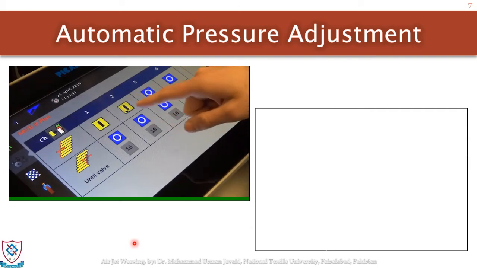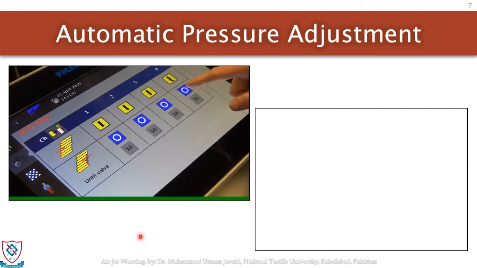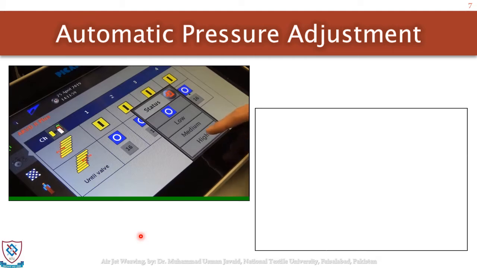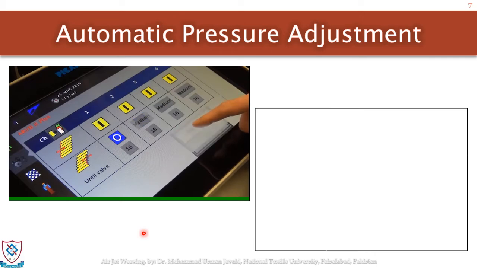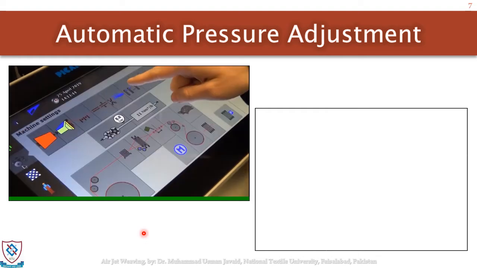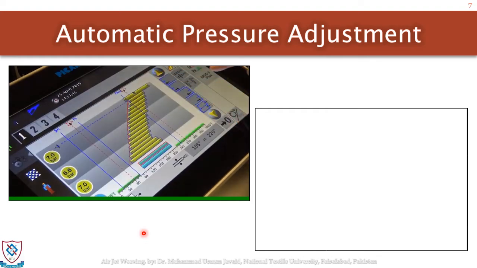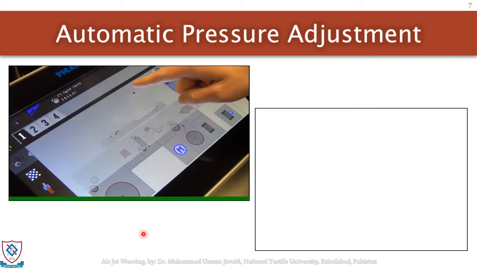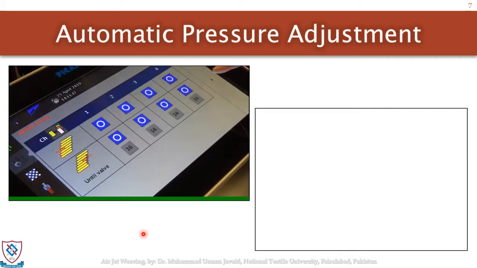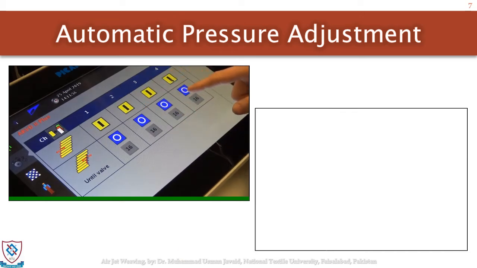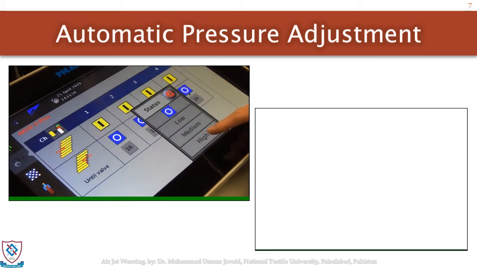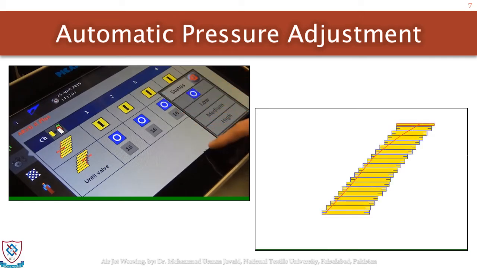This possibility is automatic adjustment of the pressure of the sub nozzles, and this sub nozzle automation helps us to insert the weft and let the machine decide for how long the air pressure will be released by different sub nozzles.